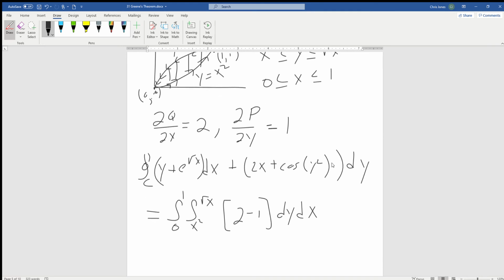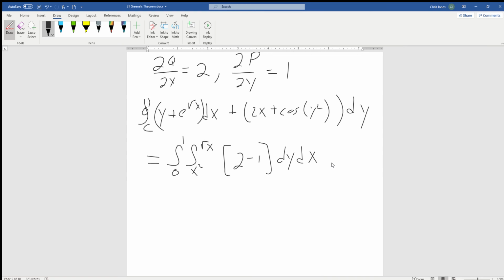Clearly this becomes a very easy integral to evaluate. By the way, the integrand just becomes 1. I know you all can see that.